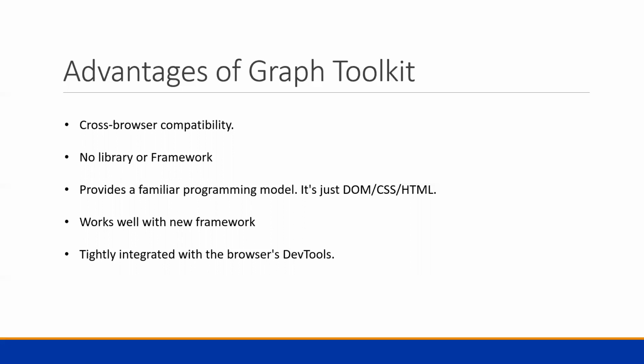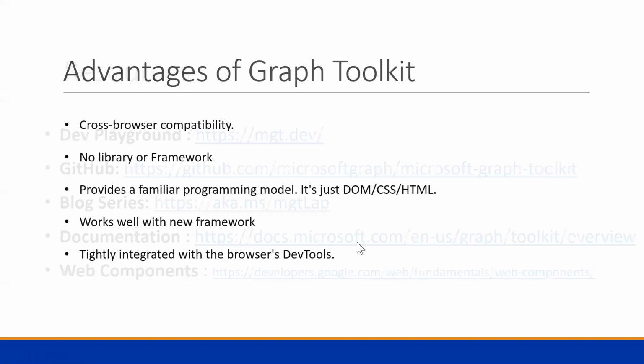Also, this is tightly integrated with the browser's dev tools. So all the data which is displayed, you can see in your dev tools, and you can manipulate that data with CSS and JavaScript and show it as per your business needs. So considering all these features and advantages, I think that the Microsoft Graph Toolkit is magic.